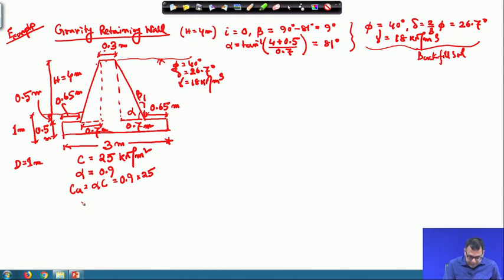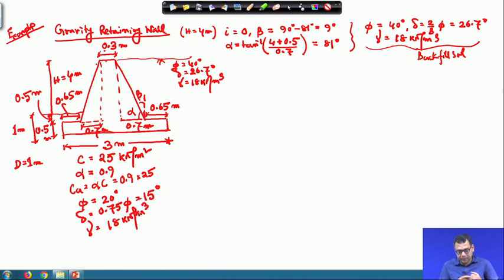And phi is given as 20 degree and delta is given as 0.75 of phi, that is 15 degree, and unit weight of soil is again 18 kilonewton per meter cube.